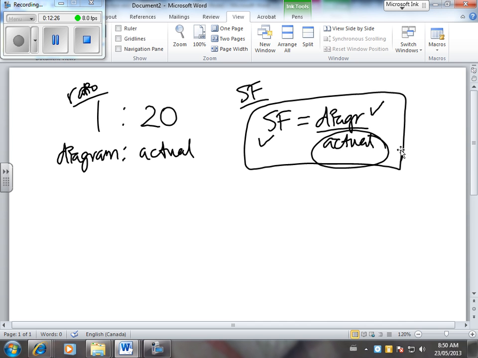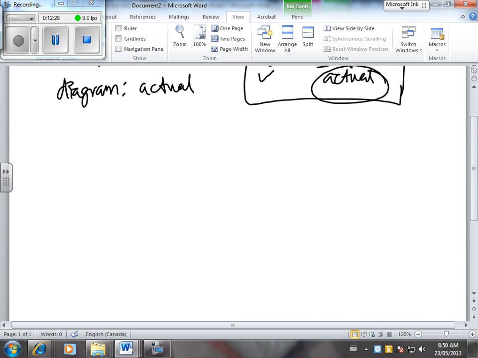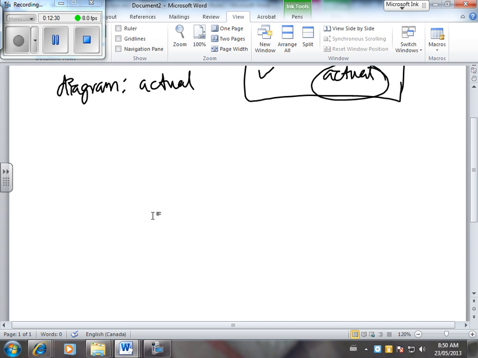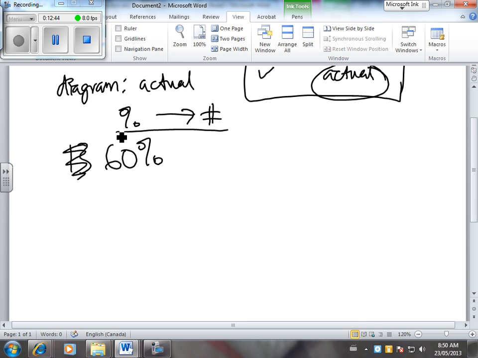And then the other thing to remember is that when we work with scale factors, we can express them as percents. So if you want to go from a percent, and let's do 60%, from a percent to a number, and this is a good thing to remember, you will divide by 100, and you end up with 0.6. So 0.6 is the number you're looking for.